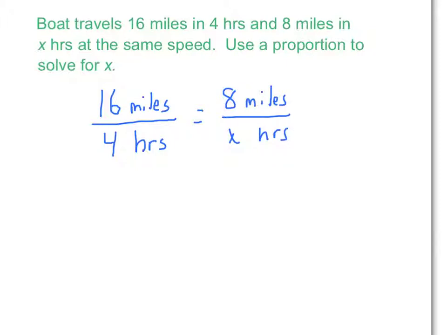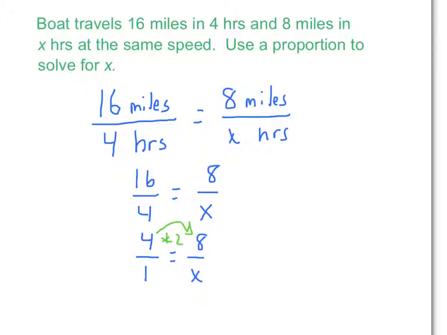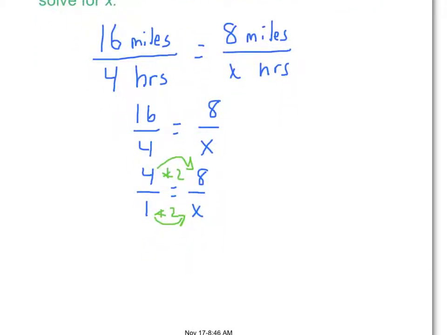If I set it up as 16 over 4, 8 over x, notice that this can go down to 4 over 1, that's 8 over x. Going this direction, I multiply by 2, so I multiply by 2 here, and then I get x equals 2 hours.